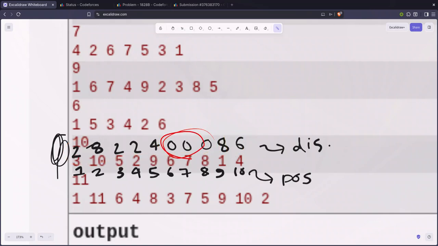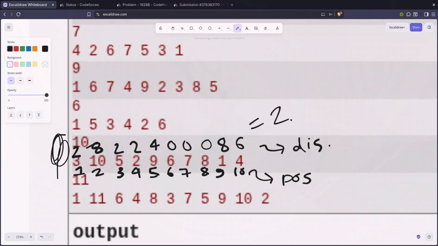Don't mind the 0, it doesn't mean anything. So in this case the GCD is 2. This journey can be made possible by a jump of 2. That means 4 jumps of 2 are required to cover the distance 8.